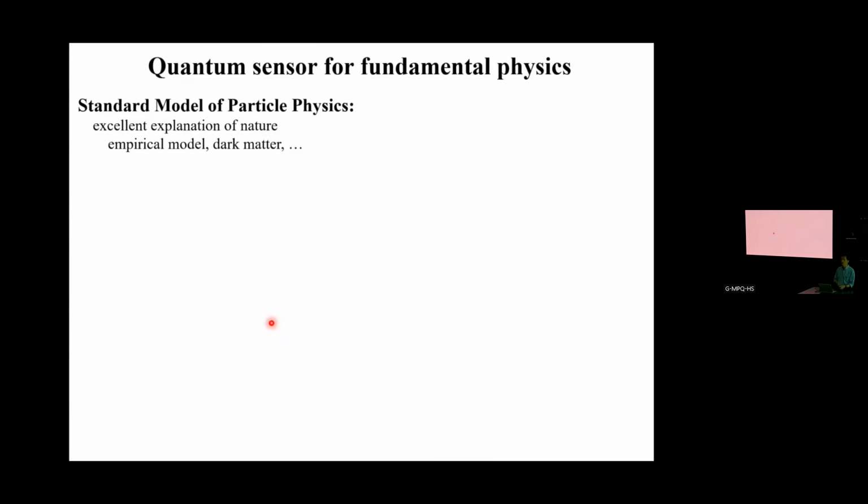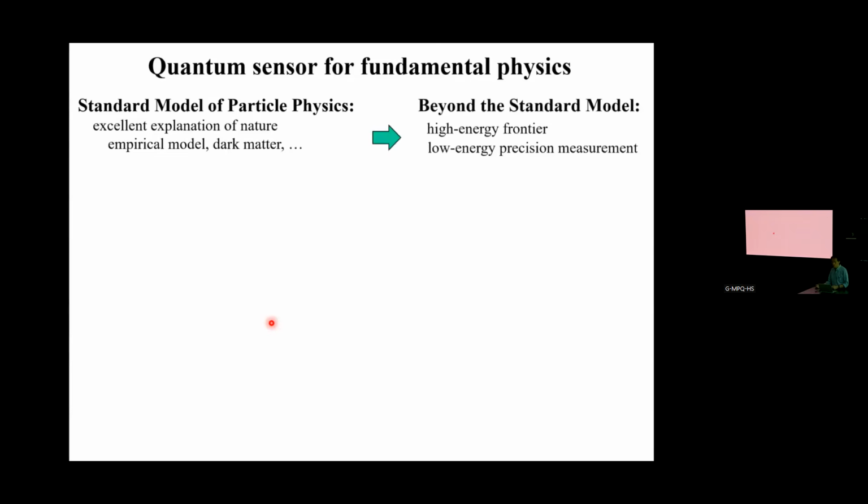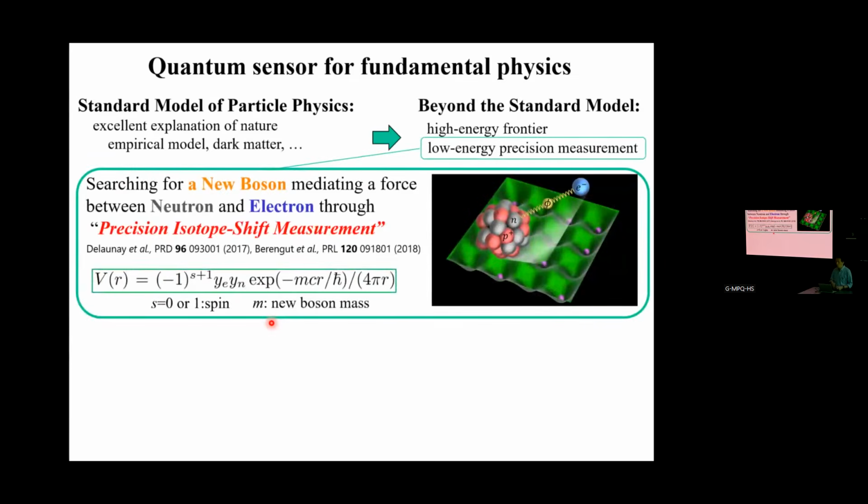So there has been considerable effort in searching for physics beyond the standard model, from the high energy frontier to low energy precision measurement. In the approach of low energy precision measurement, these recent papers attract much attention.